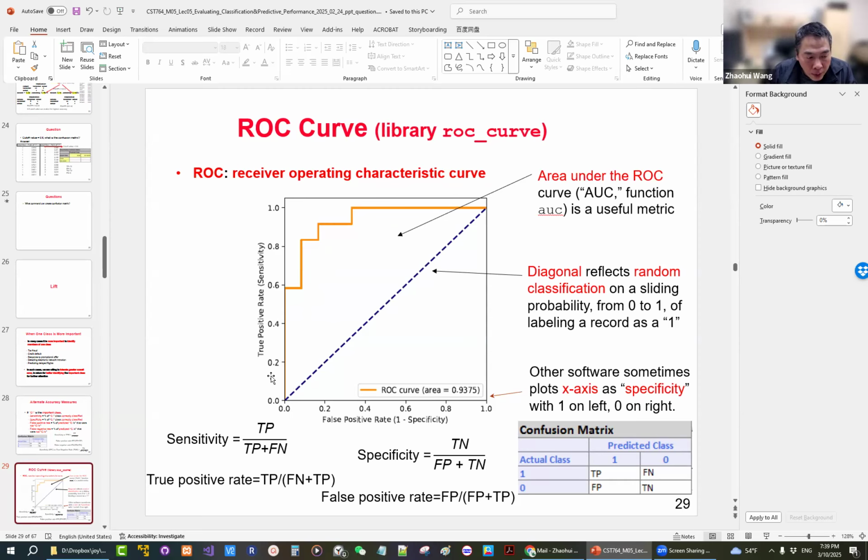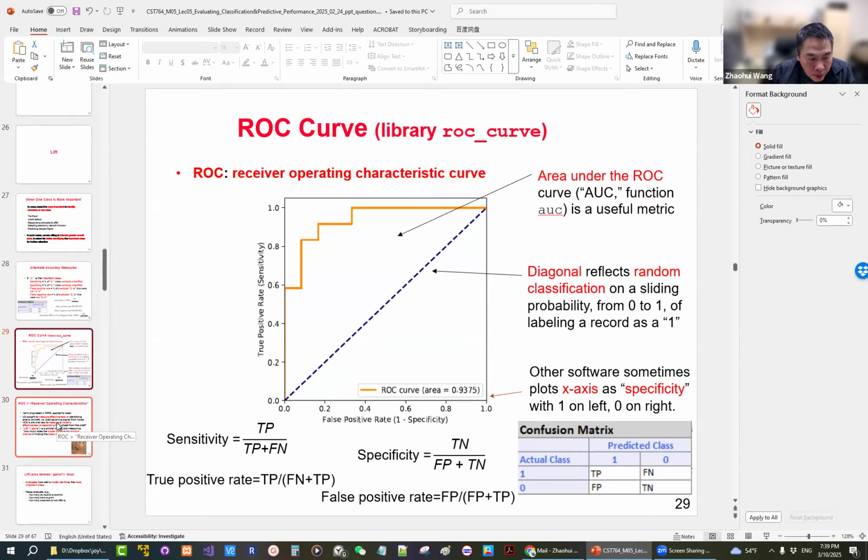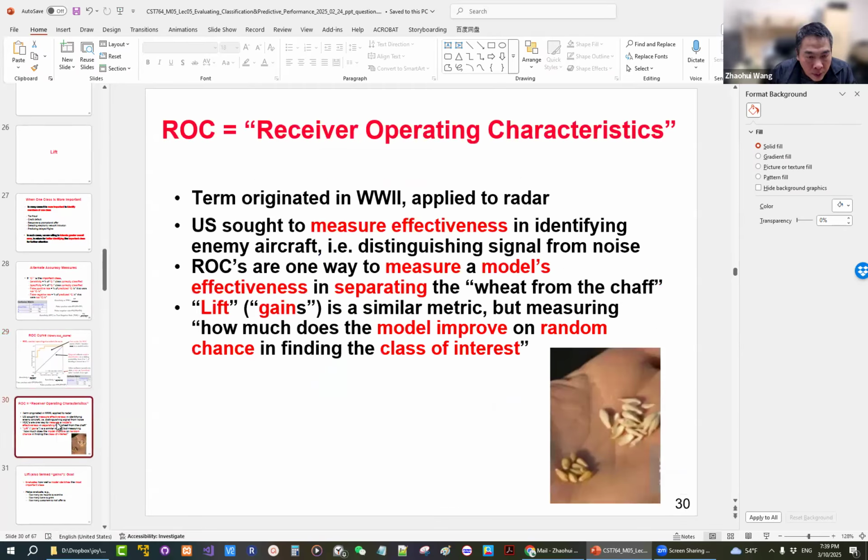And this is based on the matrix, true positive and false positive rate. And the ROC curve actually is used in radar signal detection.